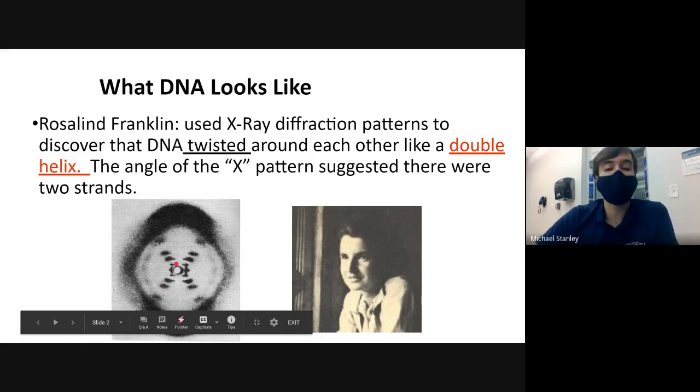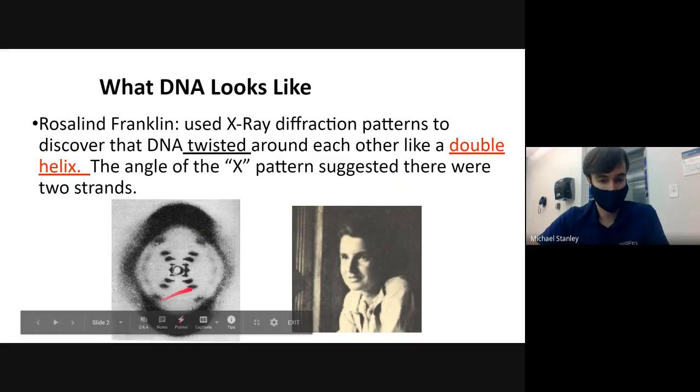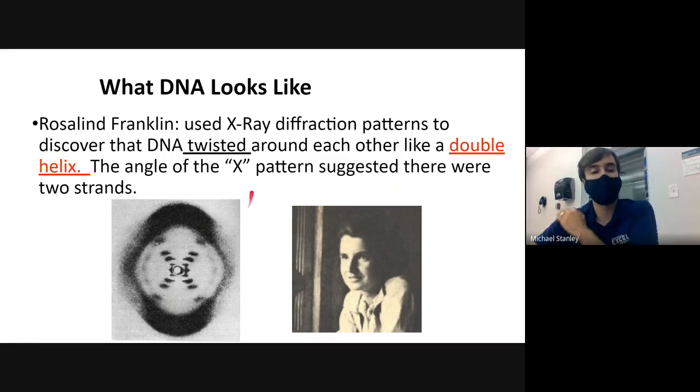When she and other scientists saw that, it led them to the realization that this X pattern meant that there maybe were two different strands that crisscrossed across each other, and that's what gave it this X. For a long time, people thought it was one big long strand that was twisted up in a certain way.